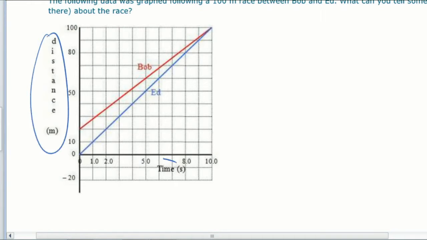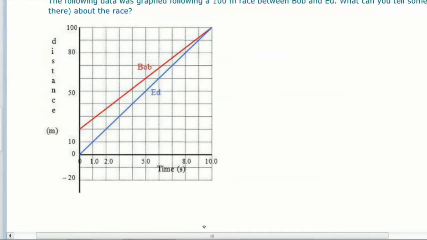Same deal, a distance versus a time. Okay, what's going on here? Bob's the red line, Ed's the blue line. I need to describe what's going on to somebody who's never seen this race or doesn't really know what a position time graph is discussing.